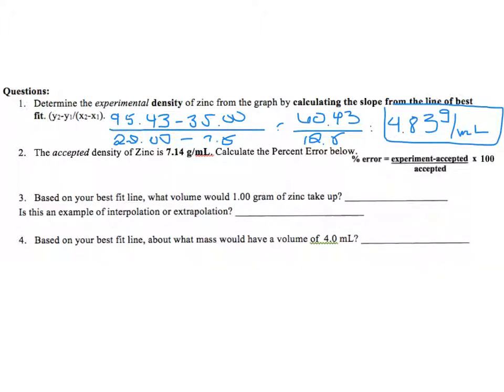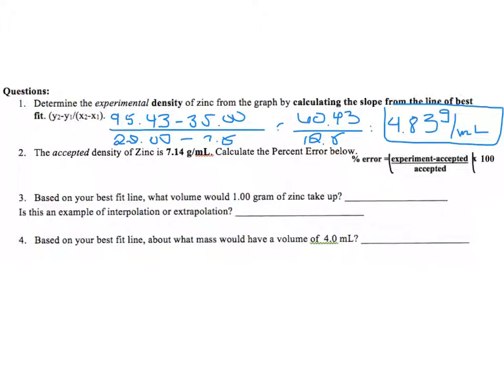Well, we know that the next question, the accepted density of zinc is 7.14 grams per milliliter. So now we find the percent error, which sounds really scary. We do have a formula here, so it's going to be experimental minus the accepted divided by accepted, and they got dropped off here, but there should be little absolute value signs there. We want to be sure that's a positive value.